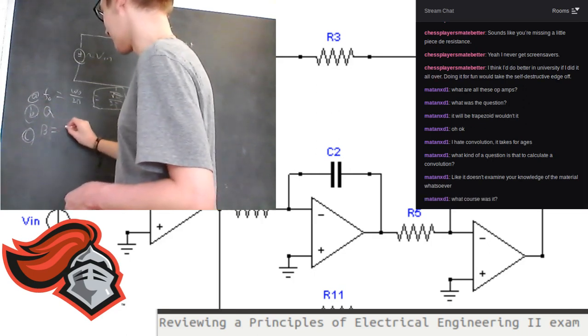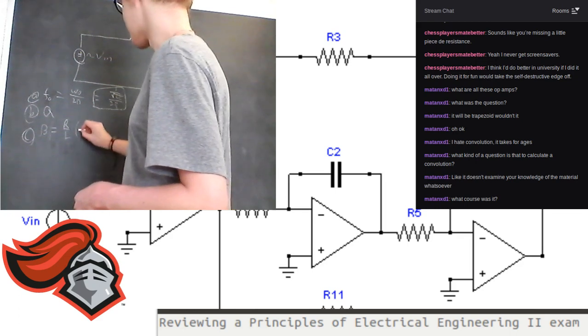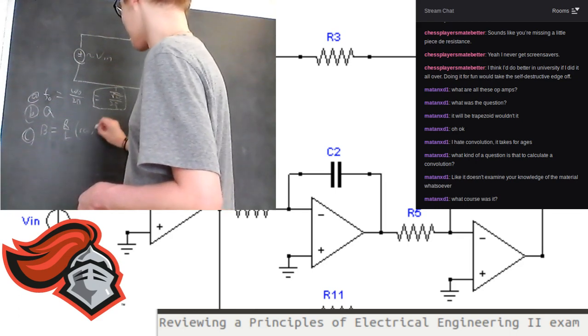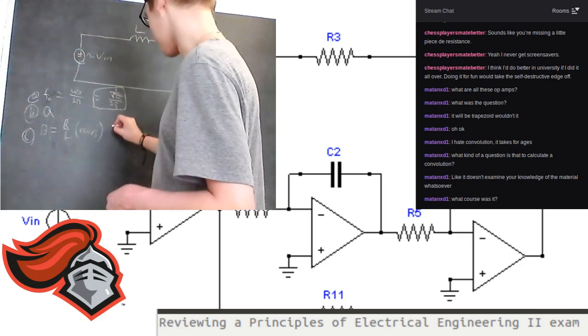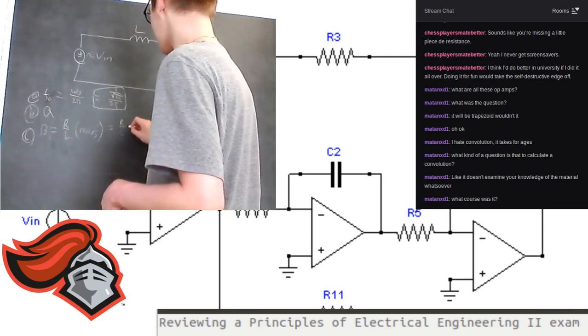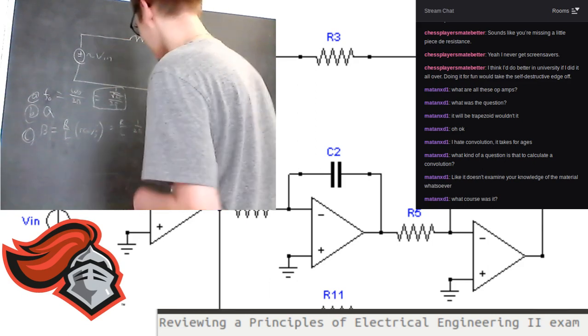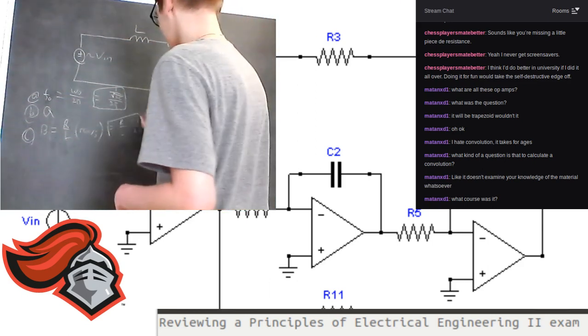The bandwidth is R over L. However, this is in radians per second, so you have to convert it to hertz. So it's actually R over L times 1 over 2 pi hertz. And this is your answer.